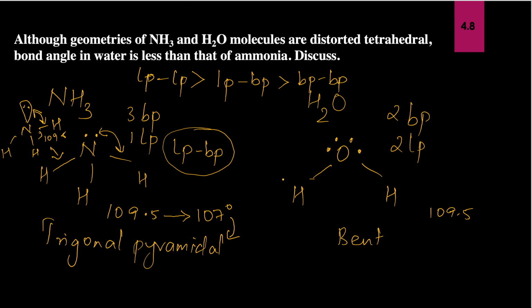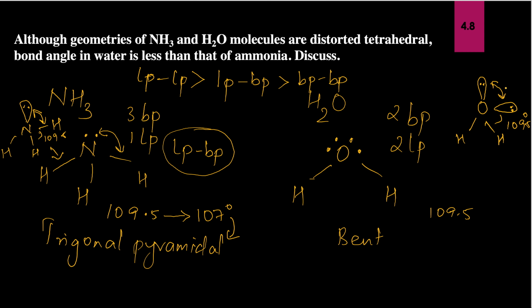In the case of water, the same thing. You try to draw the structure for a tetrahedral shape. This is what you get. This is going to be the tetrahedral shape, and here you have 109.5 degrees. But what happens here is, in this case, there are 2 lone pairs.